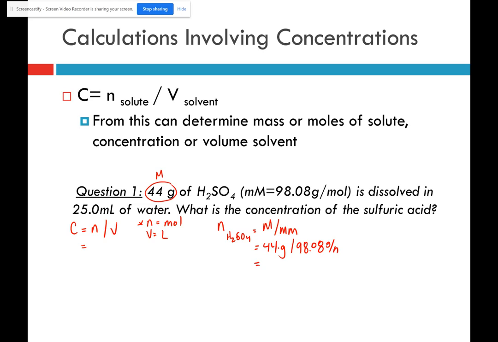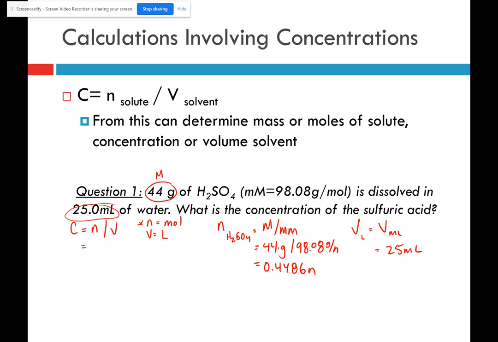So let's see, 44 divided by 98.08 is going to give me 0.4486 moles. The only other problem here too is my volume is given to me in milliliters, but I need it in liters. Okay, so 25 milliliters.